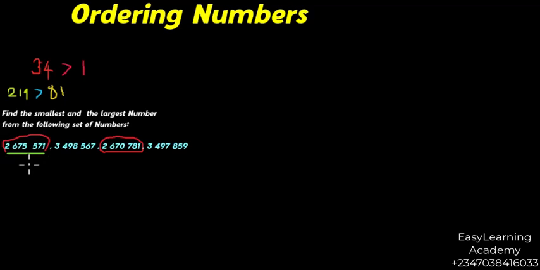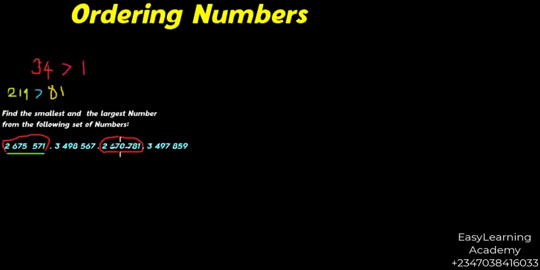To know the smallest, let's compare these two numbers. We have 2 here and 2 here, correct? We have 6 here and 6 here. We have 7 here and we still have 7 here.